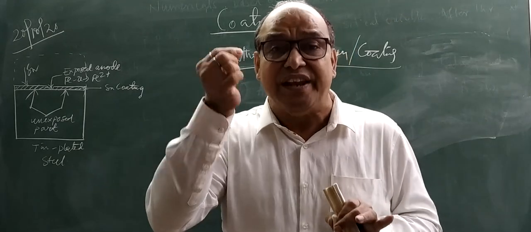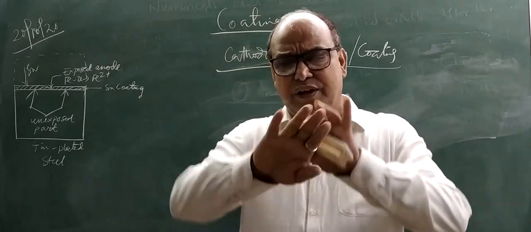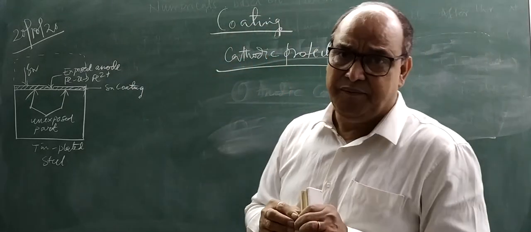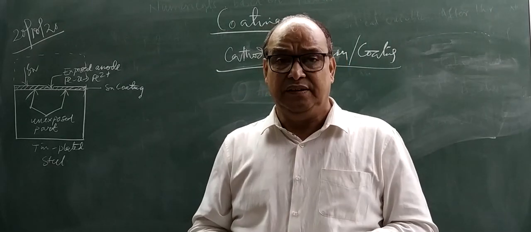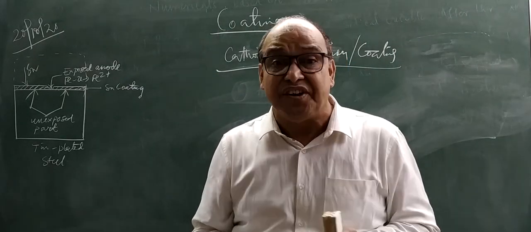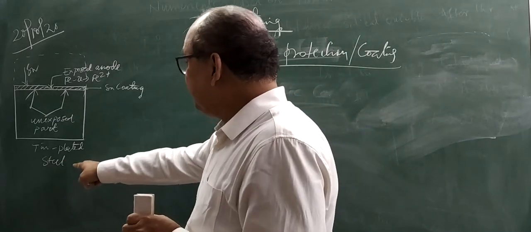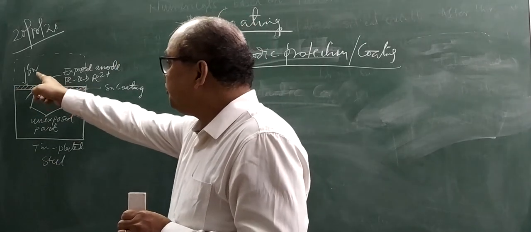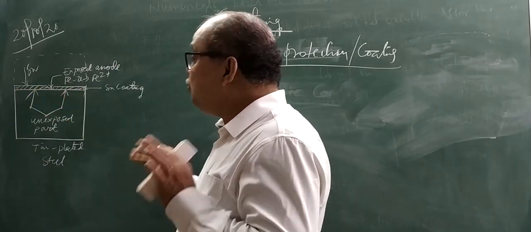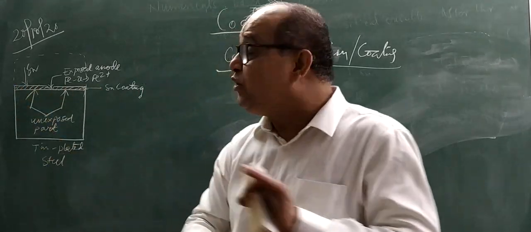Unfortunately, if there is any crack or any kind of puncture on the metallic surface, the rate of corrosion will be very, very fast, and it will be very, very devastating. Here, as in the case of tin plated steel, the entire steel structure is coated with tin. So long as there is no rupture, it will go as it is, and there will be no corrosion.